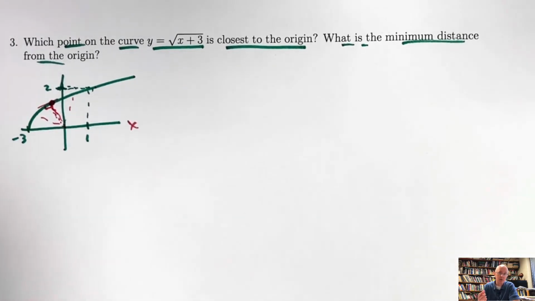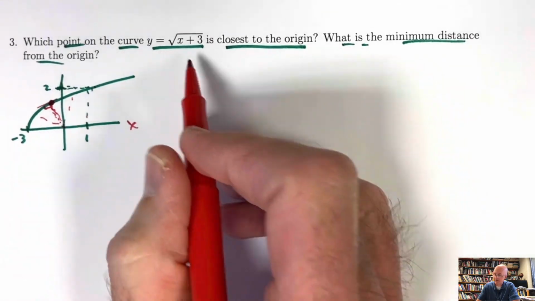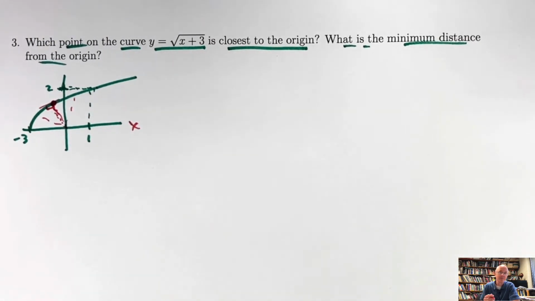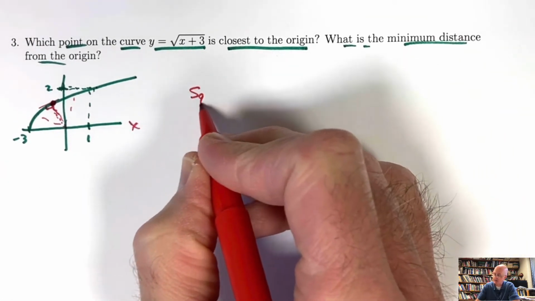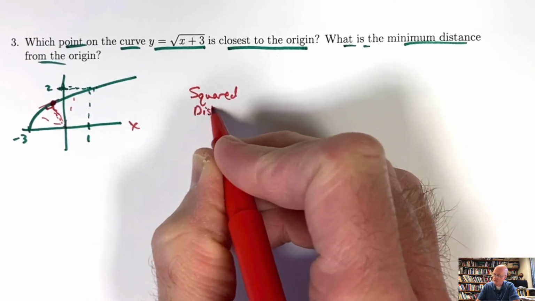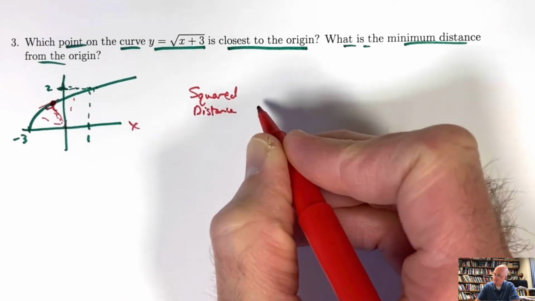But it will involve a square root by the distance formula, even if this was not a square root. So for the purposes of figuring out where the point is that has the minimum distance, it's better to instead minimize the square of the distance. The squared distance will get rid of the square root from the distance formula.